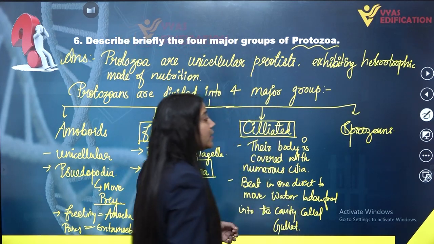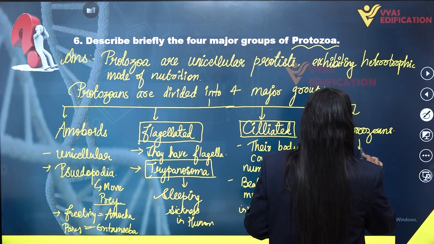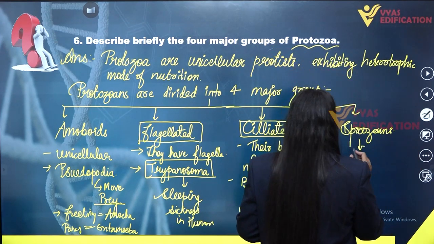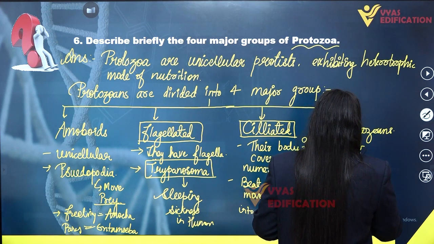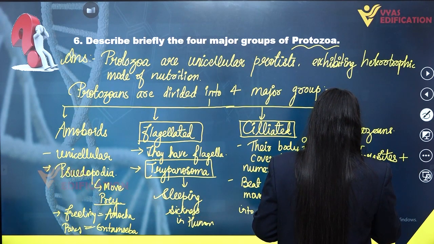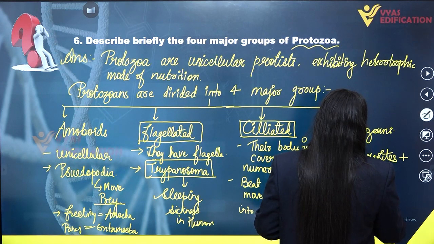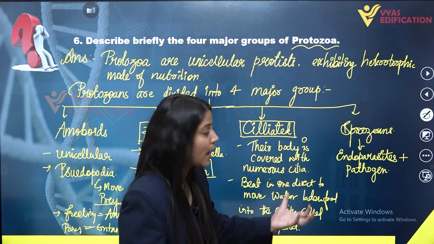And the last category of protozoans, that is sporozoans, includes all the pathogens and endoparasitic forms. So this includes all the endoparasites plus pathogens. Pathogens are those agents which are capable of causing disease in other organisms.